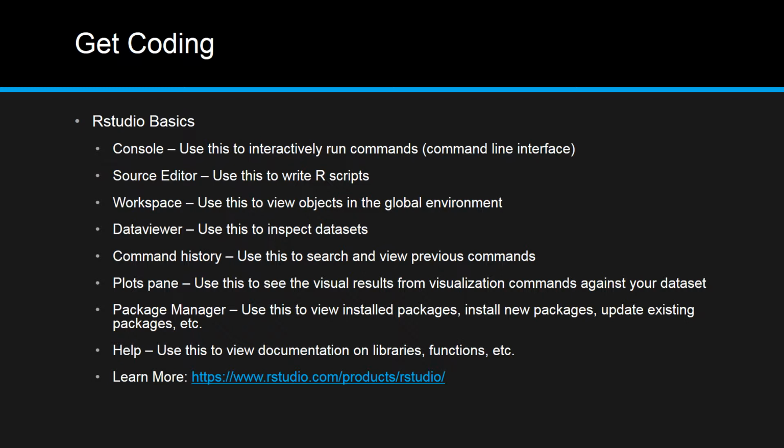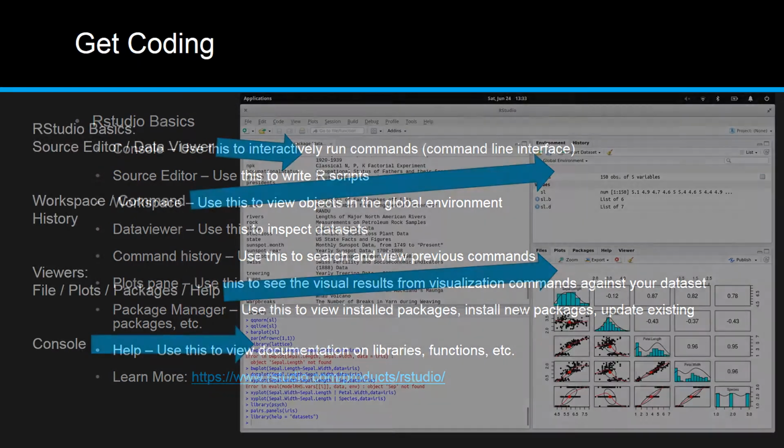All that can be done through the package manager. And then the help viewer. Obviously, as you're learning R, this is a super critical piece. You'll use that to view documentation on libraries, functions, etc. Again, I provided a link if you want to explore those basic things at a lower level of depth.